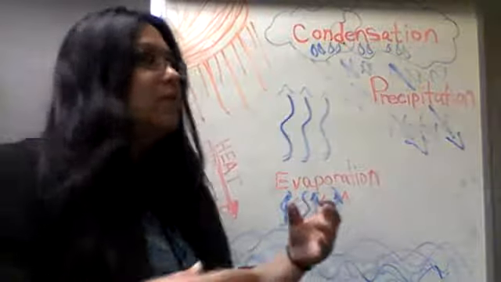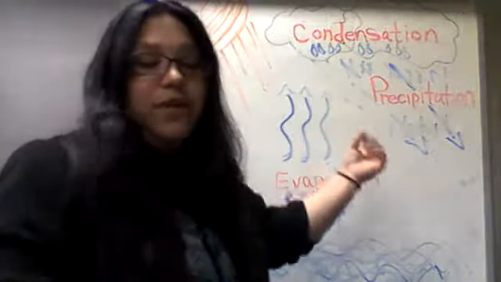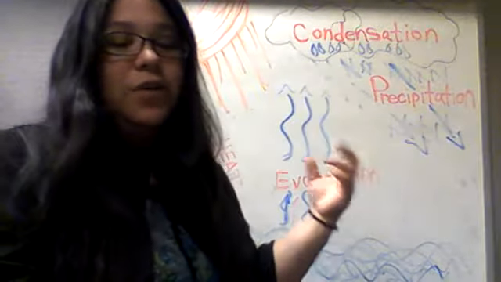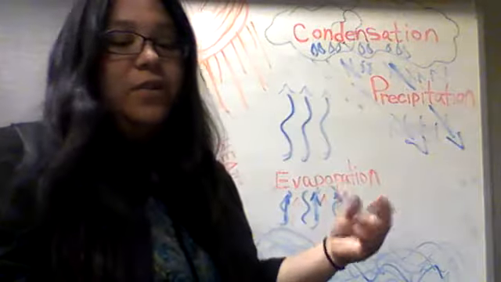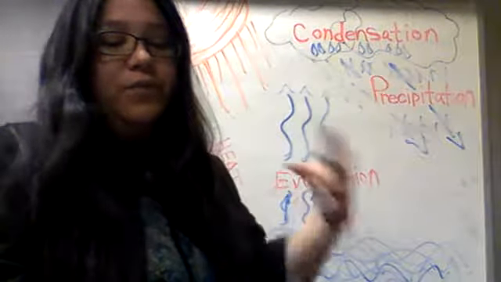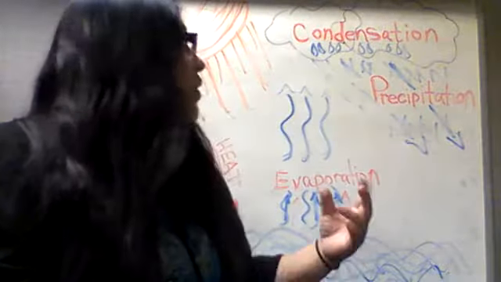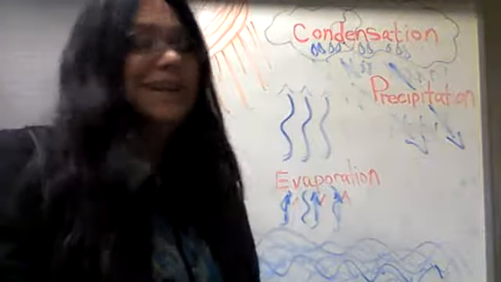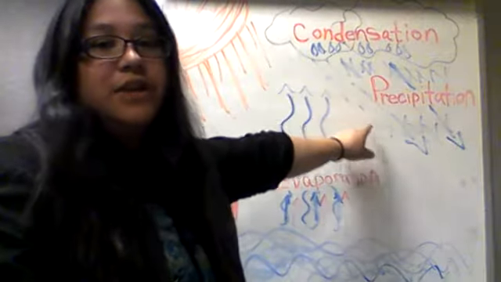The clouds can no longer hold the raindrops, so that's when they fall down. The water falls back to the earth in the form of rain, hail, sleet, or even snow. So yeah, precipitation right here.